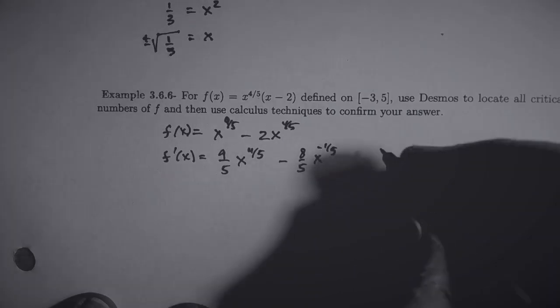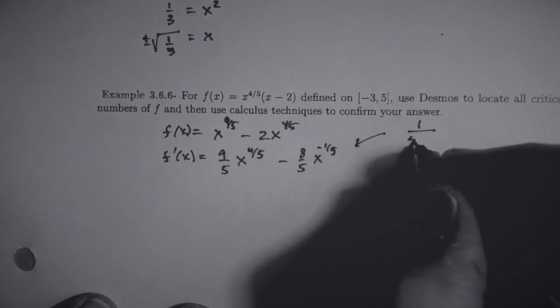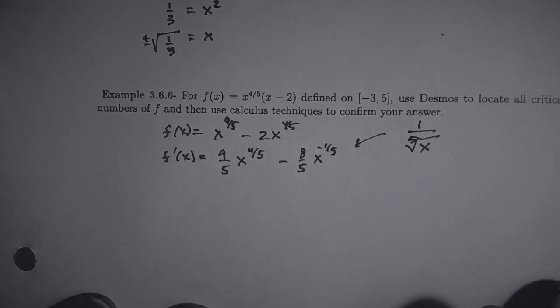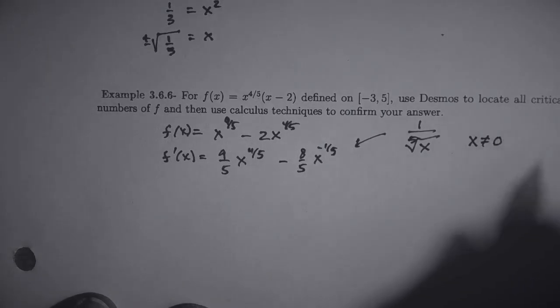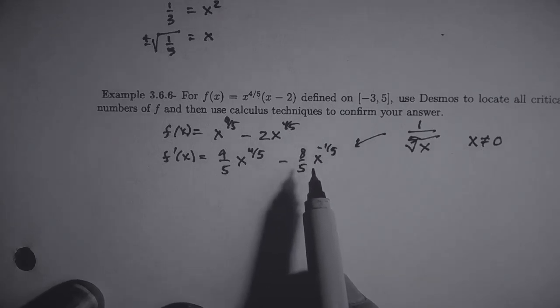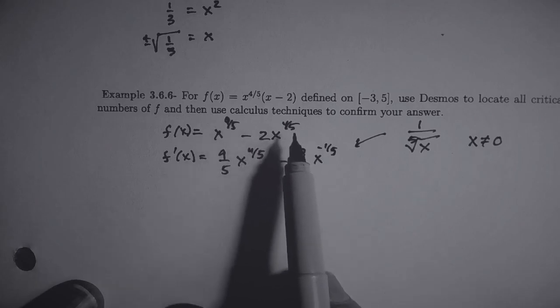But the negative exponent means this: there's a fifth root of x in the denominator. So I can't let x equal 0. x equals 0 is a place where the derivative doesn't exist. Notice that in the function, there are no negative exponents, so the function does exist at x equals 0.